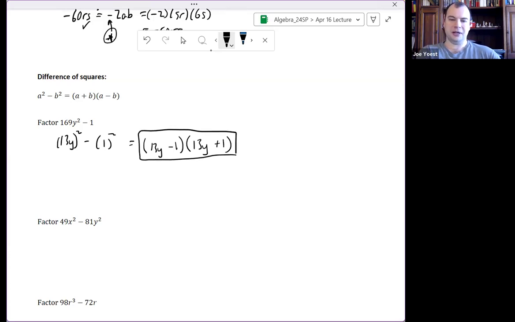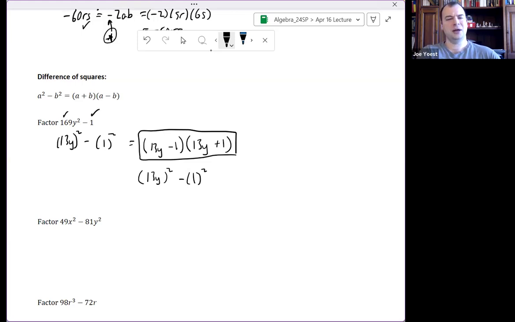What's kind of the magic here? Why do we only end up with two terms when we multiply out instead of three? Well, if I multiply out, I get 13y all squared. That's this bit here. My lasts give me minus 1 squared. I get a minus 1 times a plus 1, so that is a net negative, and then the size of the number is 1 squared.